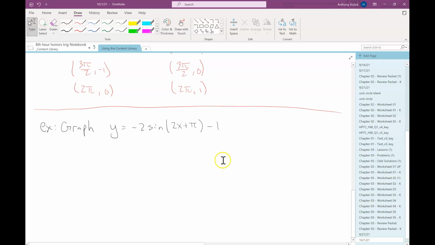So here's my function that we're going to graph. The first thing I want to do is use the equation I'm given and pull the values for A, C, H, and K. To do that, I'm relying on my general form for a transformation.